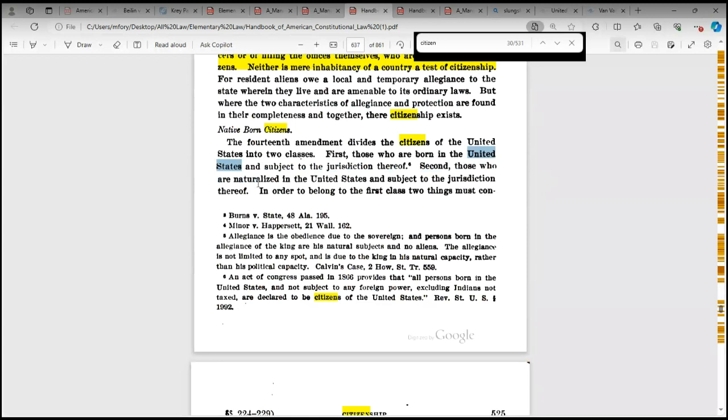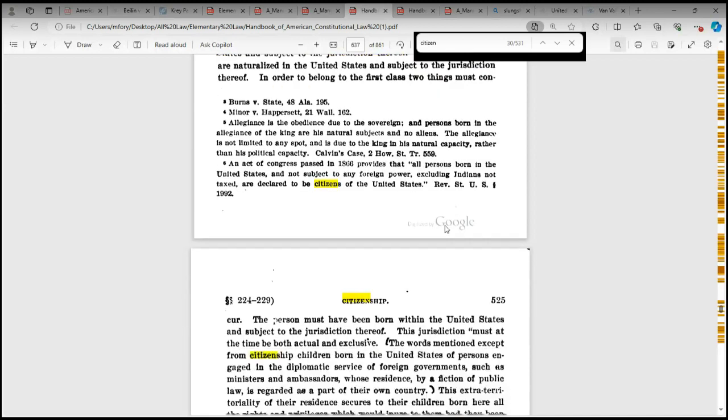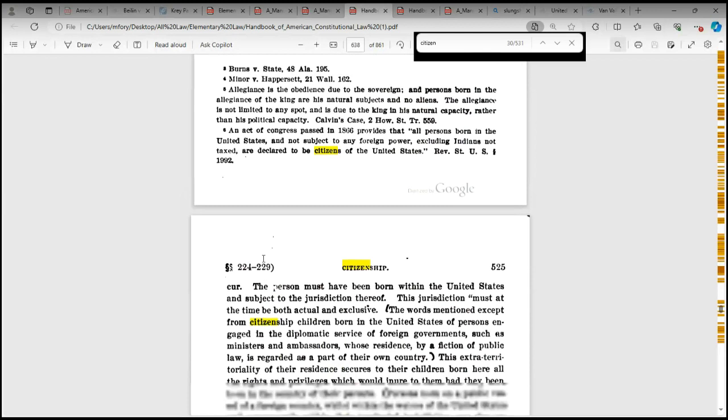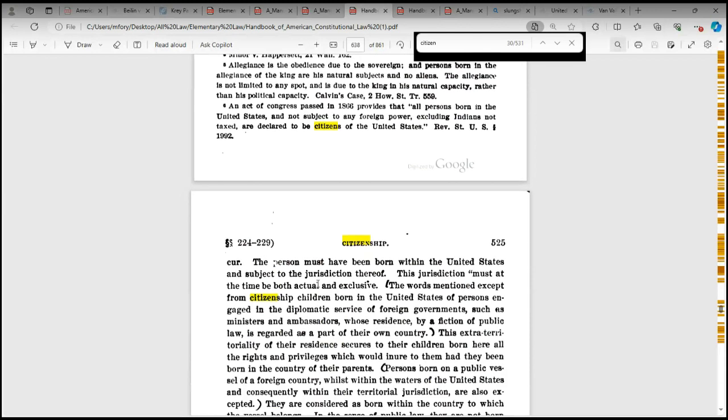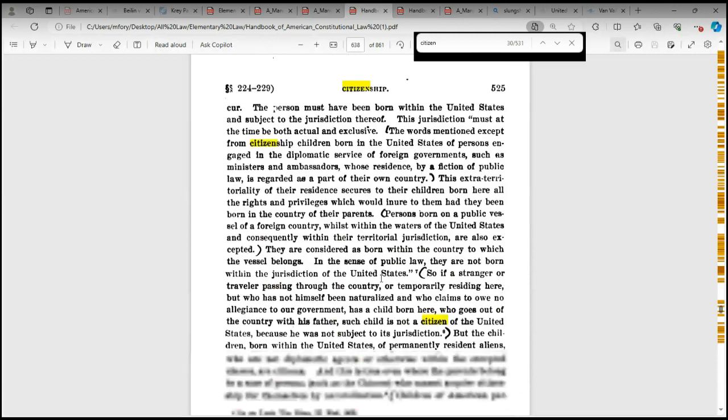Second, those who are naturalized in the United States and subject to the jurisdiction thereof. That's naturalization. In order to belong to the first class, two things must occur. The person must have been born within the United States and subject to the jurisdiction thereof.